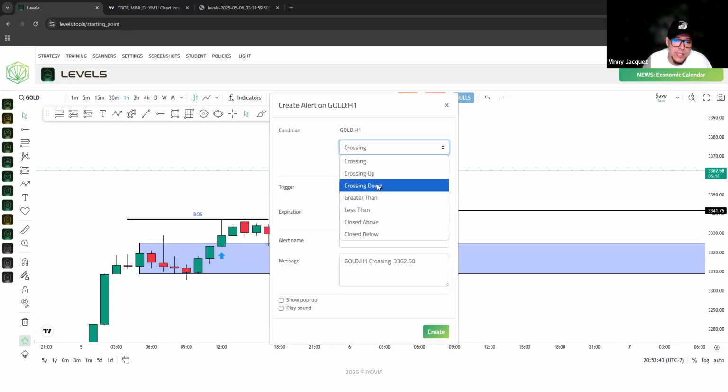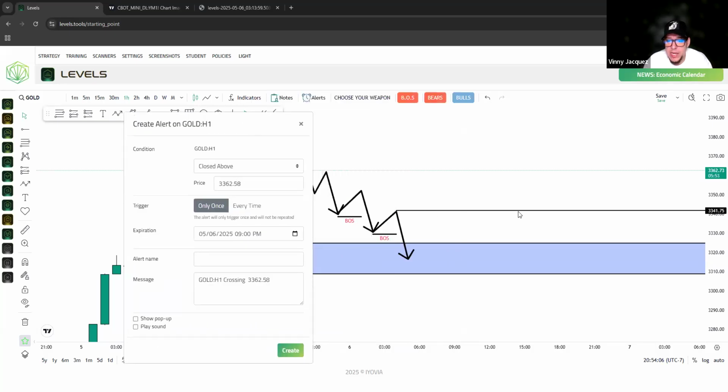On TradingView, it's crossing up and crossing down with the break and close. But on Levels, it says closed above or closed below. So in this example, we want closed above. We're not going to get an alert and we're not going to be notified unless the market breaks and closes above. Now I have these numbers here. You always need to put a line here in order to get accurate numbers.